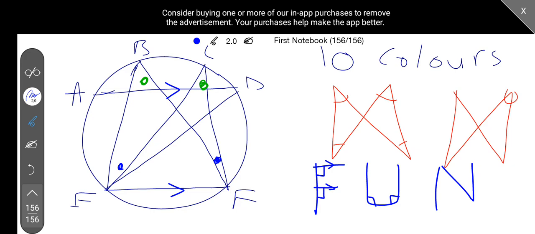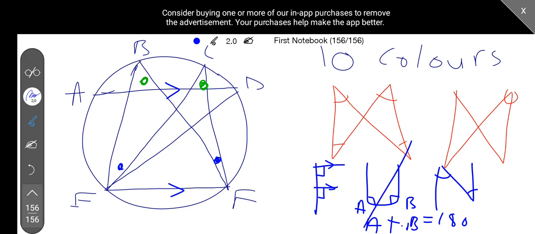So if you've got co-interior angles A and B, A plus B equals 180 degrees. And then we've got alternating angles here. So we have corresponding angles in an F shape, then co-interior, then alternating angles.